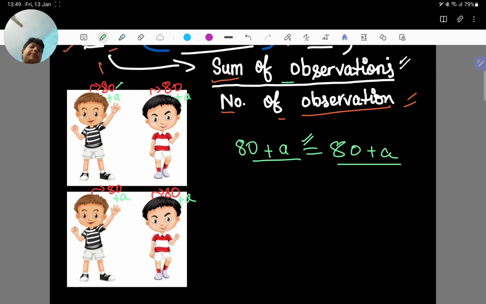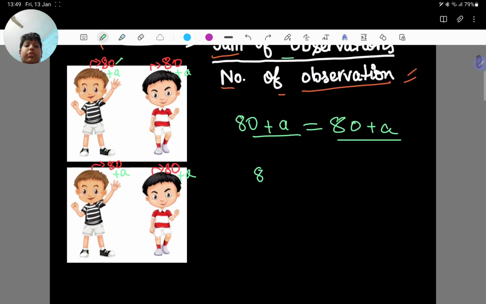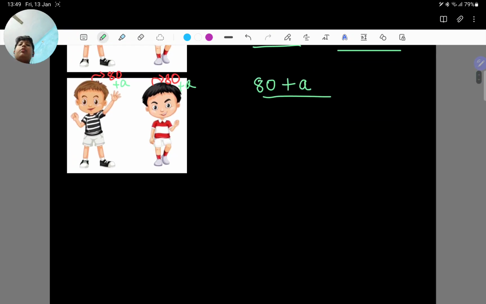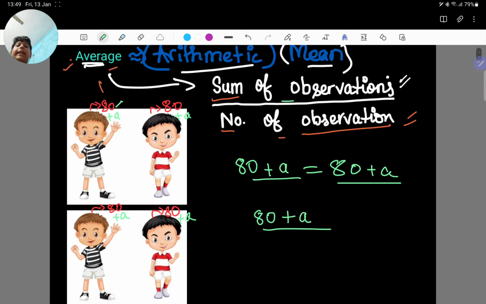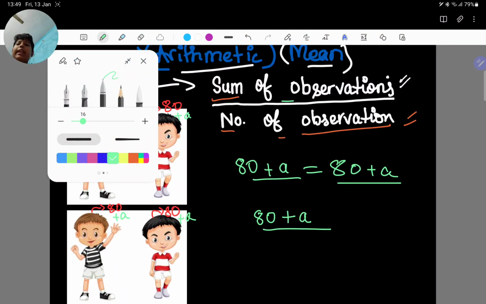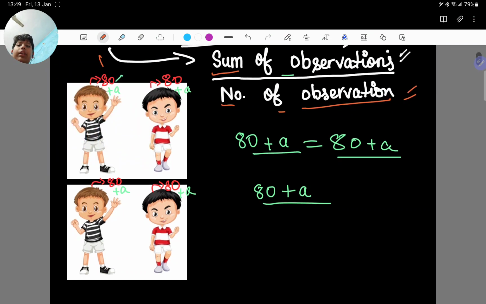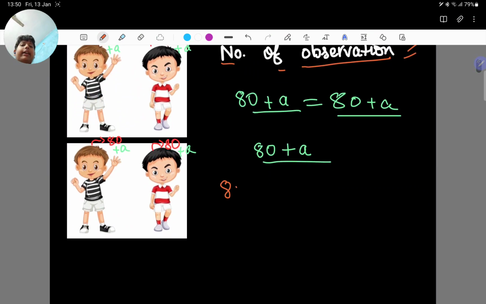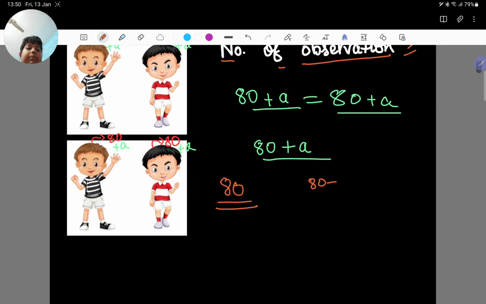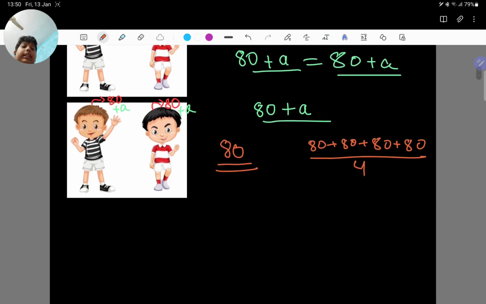Yes, this is equal. So we can say that the average is also 80 plus a. But let's look at it when there was no a. What we had was just 80, and the average was 80. The observations were 80 plus 80 plus 80 plus 80, and we divided it by 4.